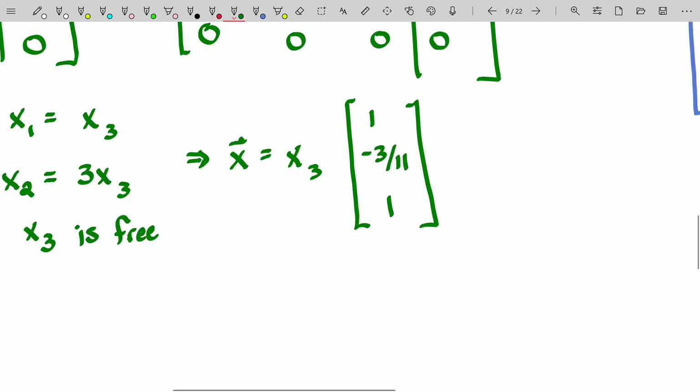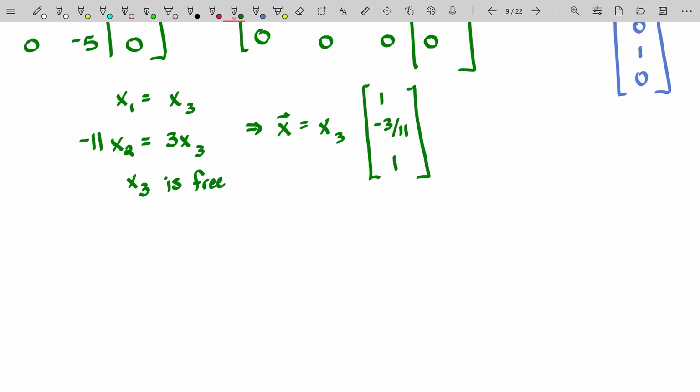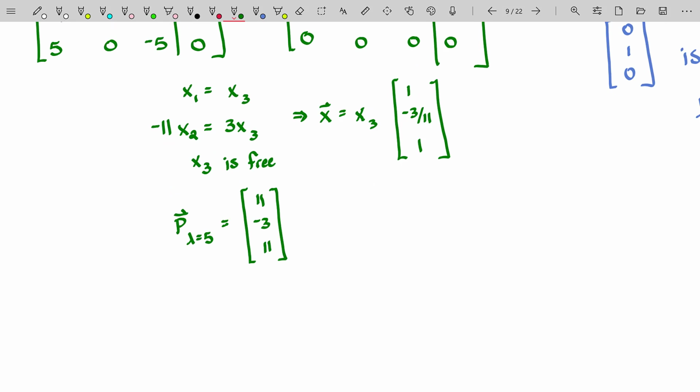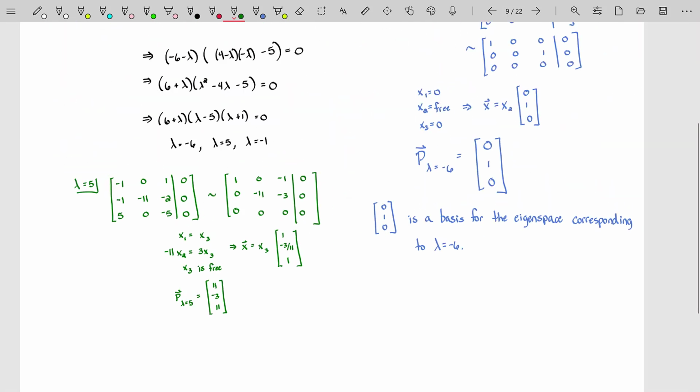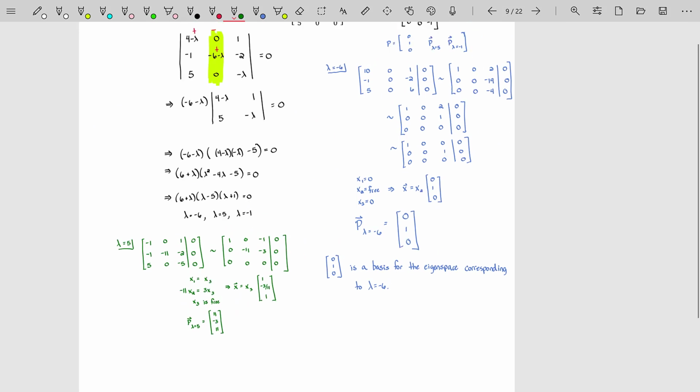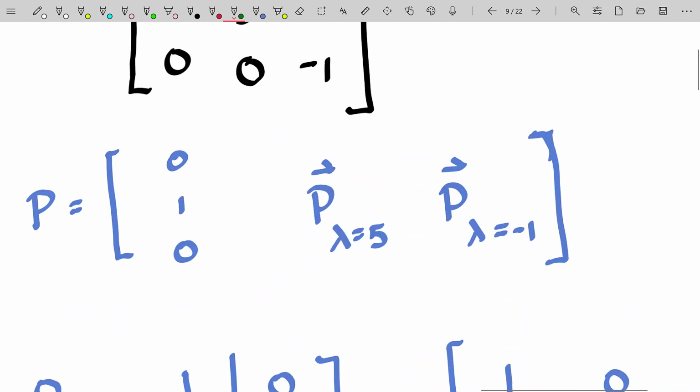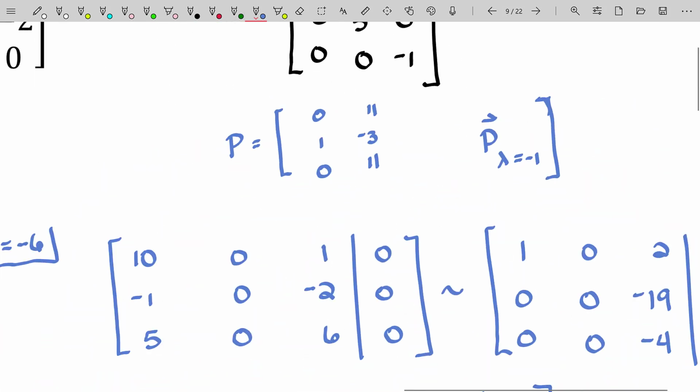So I'm going to let x sub 3 equal 11 so that the eigenvector corresponding to lambda equals 5 is 11, negative 3, 11. That's a basis for the eigenspace corresponding to lambda equals 5. And replacing our second column of P up above with 11, negative 3, 11. We're filling out that matrix really nicely.